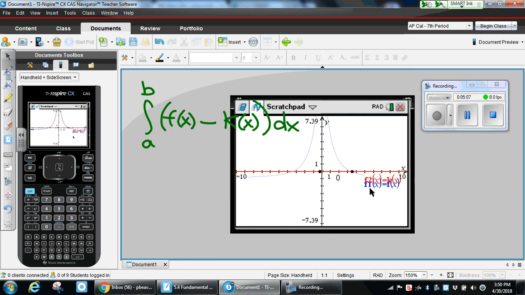Anyways, what we're talking about is this area here. Let me just color it. That would be a lot easier. So we're talking about the area from here to here, right? And so now what we're going to do is we're going to rotate it.